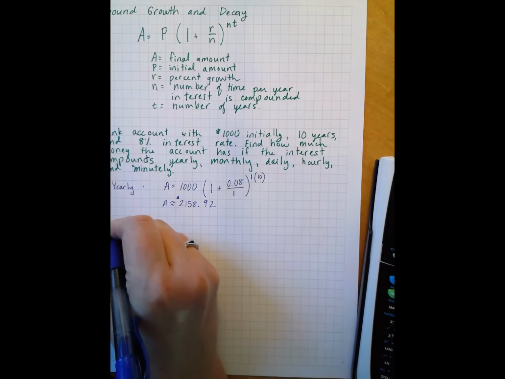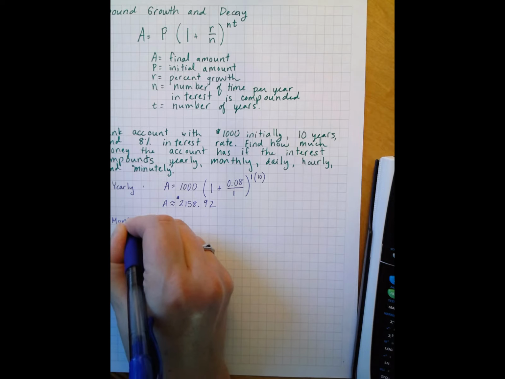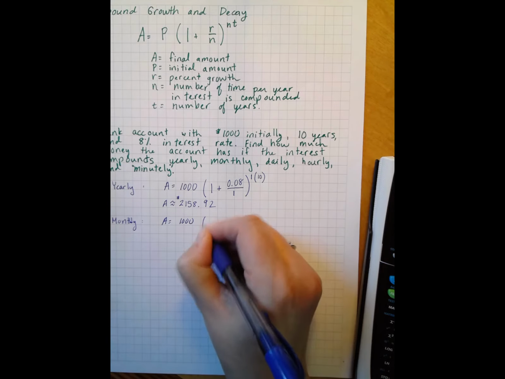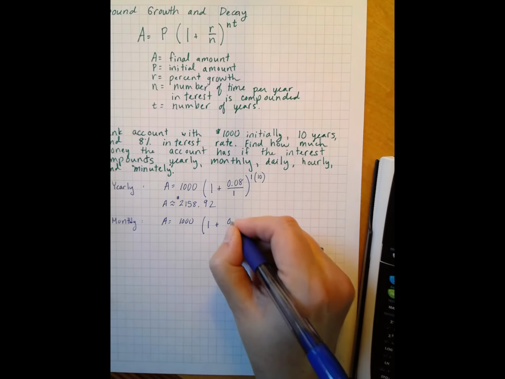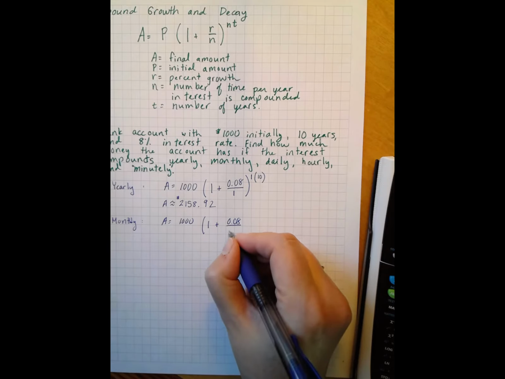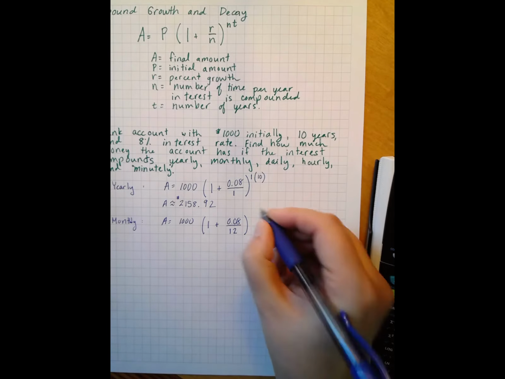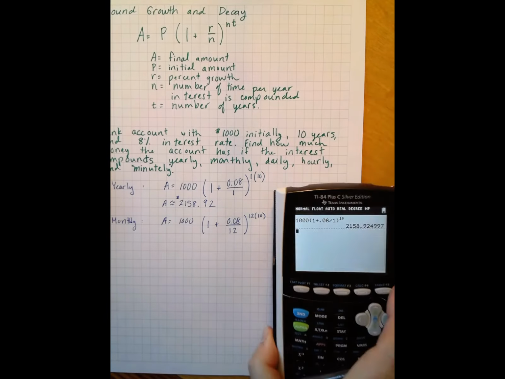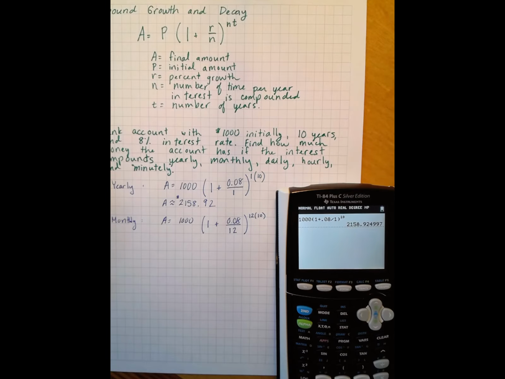Let's see what happens when we go to monthly. A equals 1,000. I still have my 1 plus 0.08, but now I'm compounding monthly, so that's 12 times a year, to the power of 12 times 10. The nice thing about my calculator is that I don't have to rewrite this whole thing.